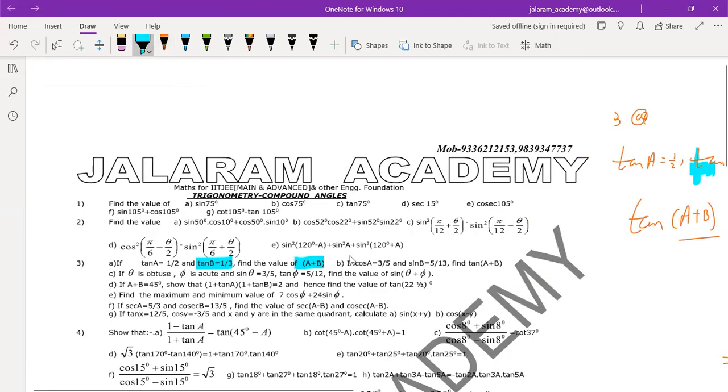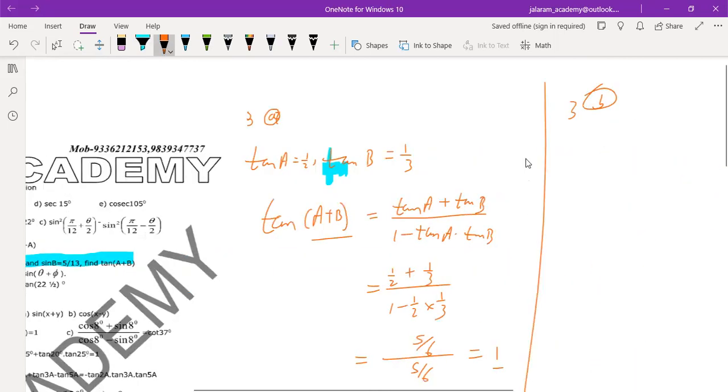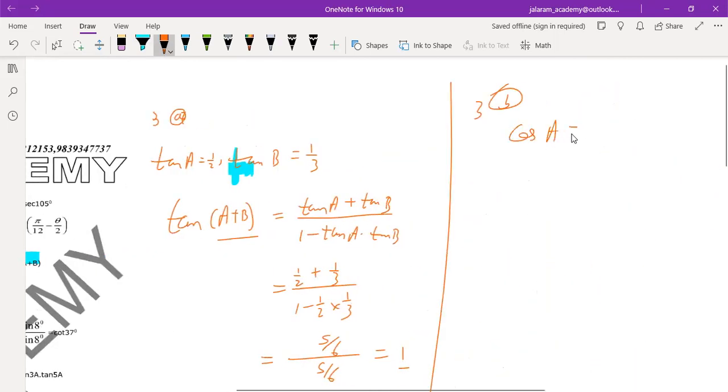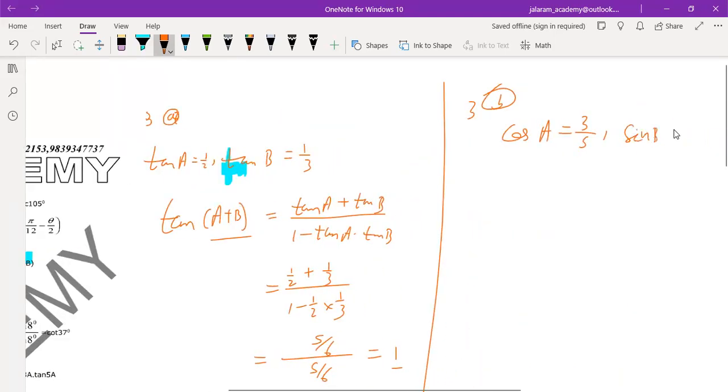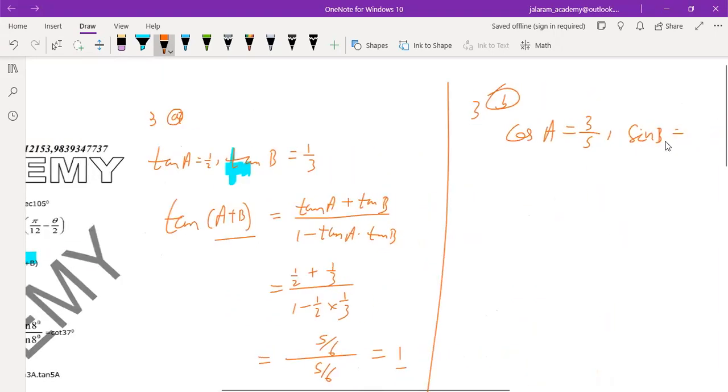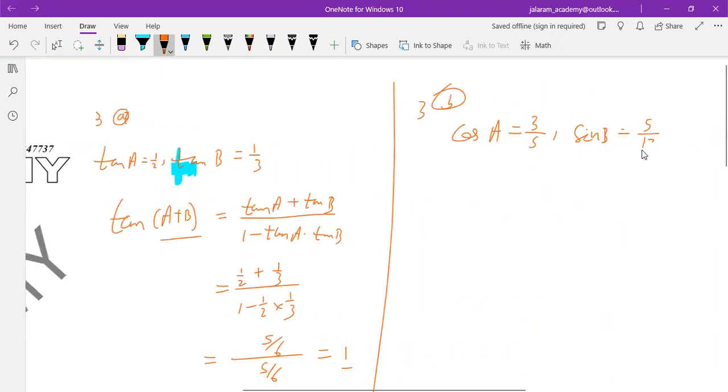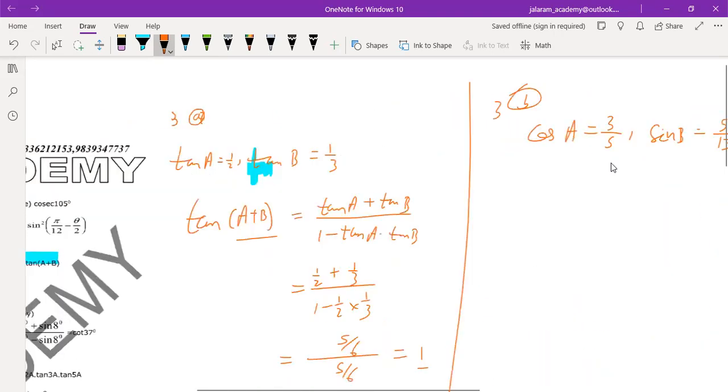If cos A equals 3/5 and sin B equals 5/13, find tan(A plus B).